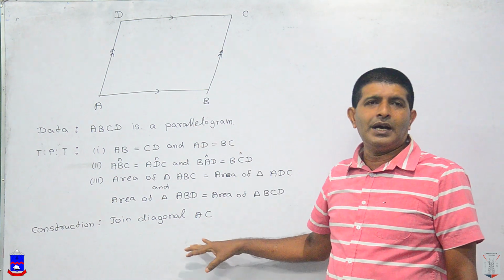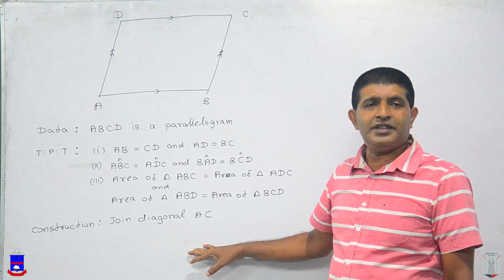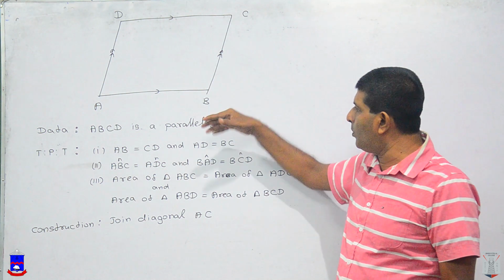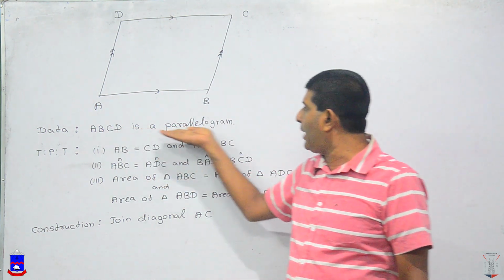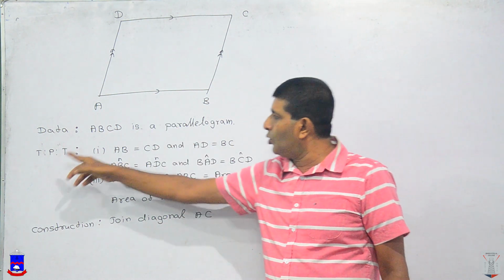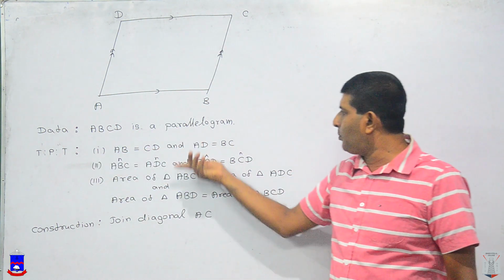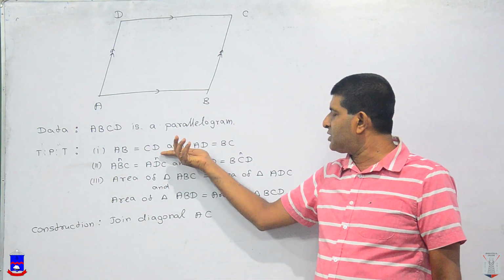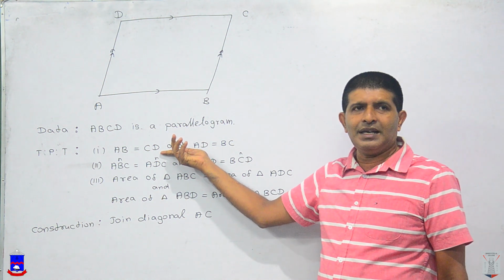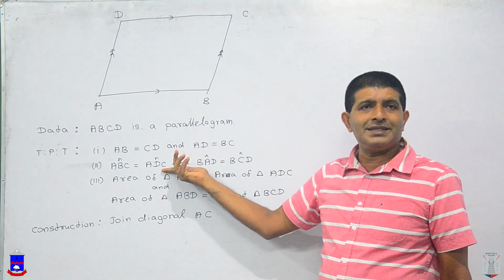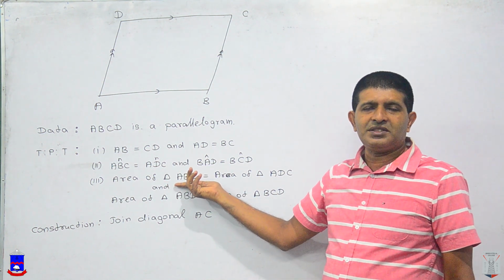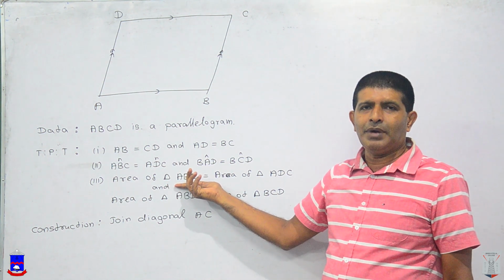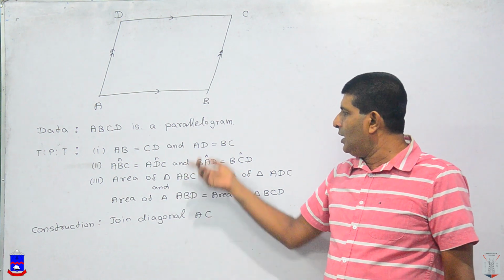In a formal proof, we need data. The data is ABCD is a parallelogram, and we need to prove three parts. The first part is opposite sides are equal. The second part is opposite angles are equal, and the third part is each diagonal bisects its area.